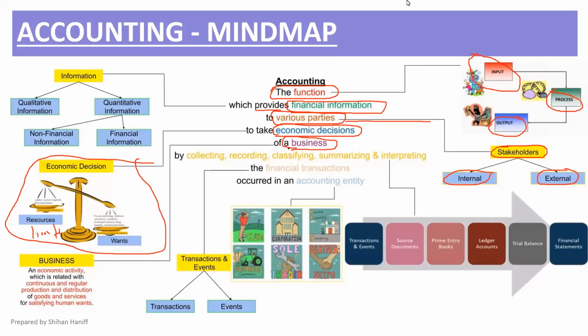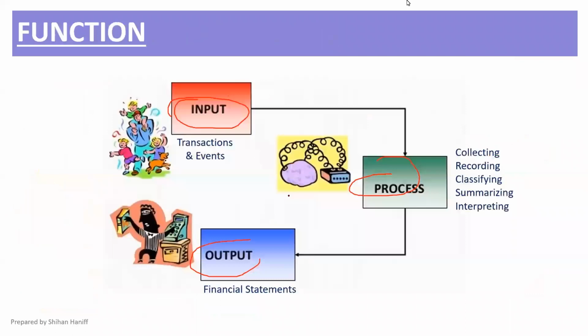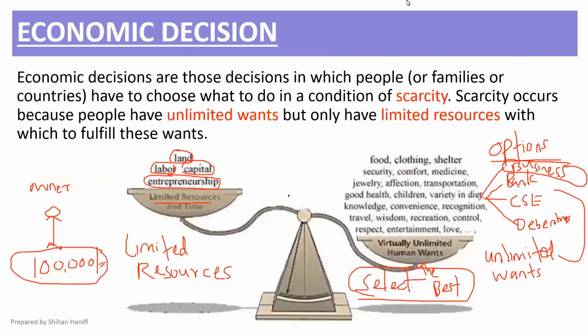And how does this work? By collecting, recording, classifying, summarizing, and interpreting. So let's see this process. This is called the accounting process.